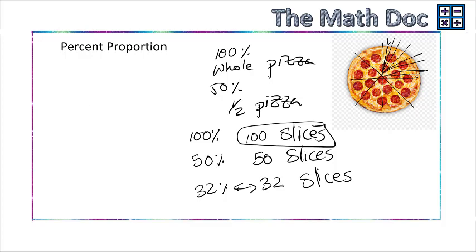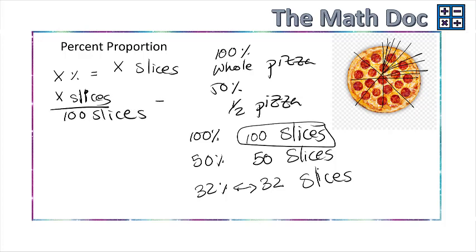So what I'm saying is if we have X percent of the pizza, that would mean that we have X slices in this case, right? Because we have 100 slices. In other words, if we have X percent, that means we have X slices, X slices out of 100 slices, right? That would mean X percent.